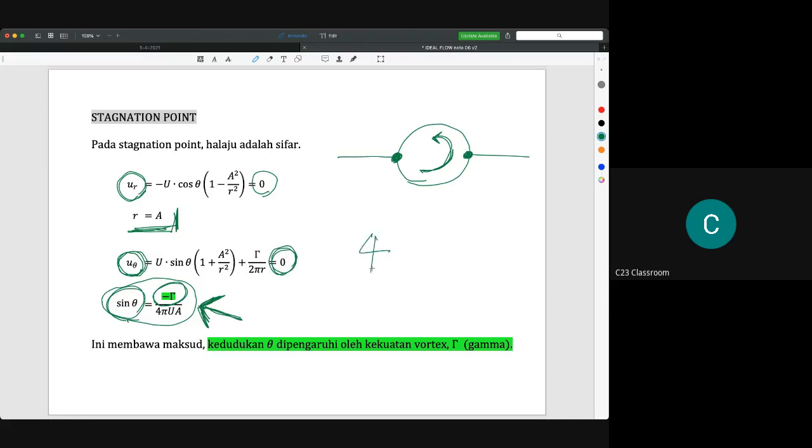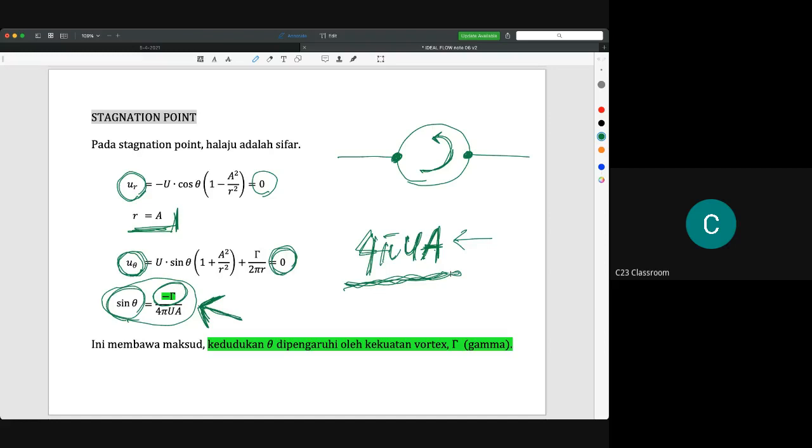So for 4 pi UA here, all of this value cannot be 0. Because 4 is an integer, pi is a number, U is the linear velocity, and A is the radius. So it means that there is no influence from this term, because this term is actually the initial condition.